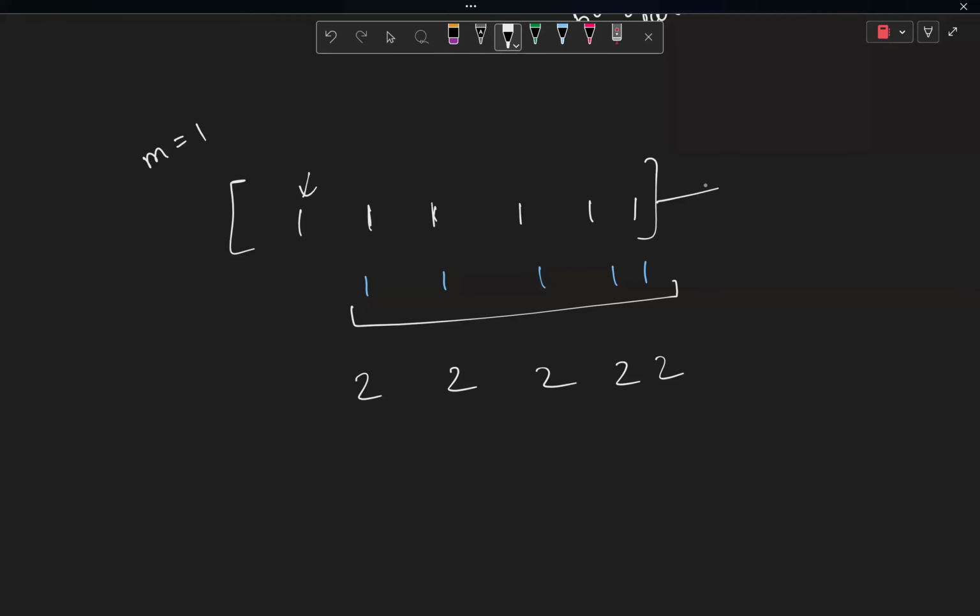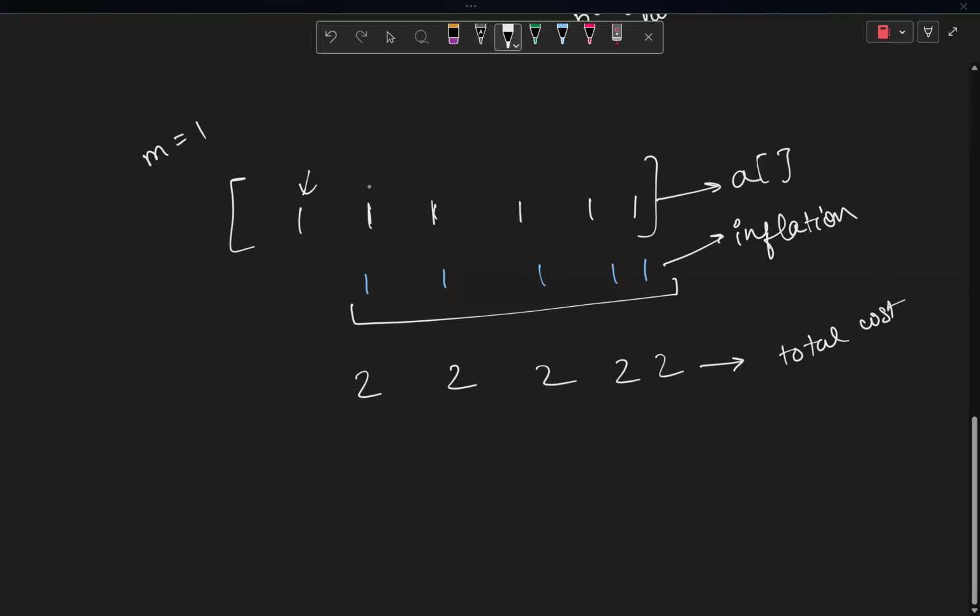This row is the AI. This is the inflation. And this is the total cost so far for every day. Now it does not depend upon which day I buy.